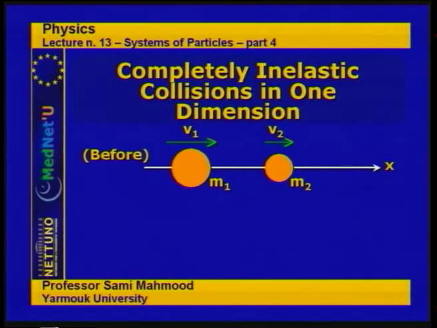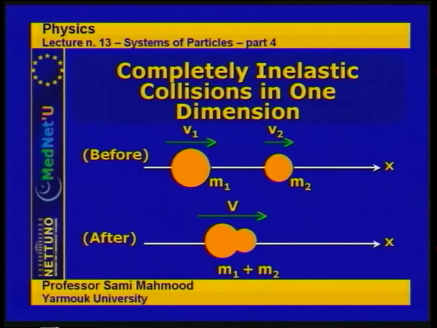After the collision the two particles stick together, and we have one resulting object of a certain shape, different from the initial shapes of the two colliding objects.